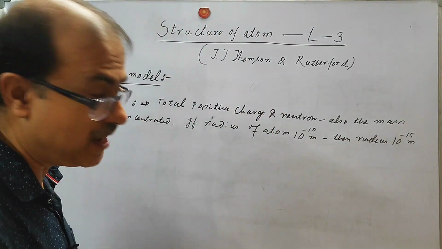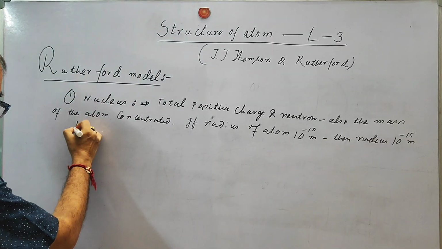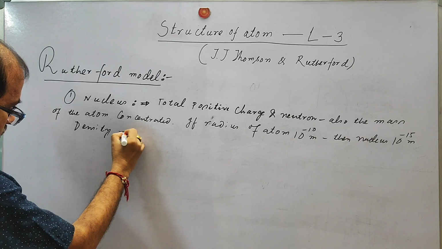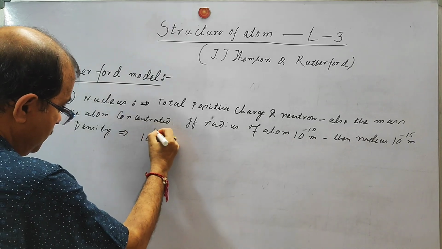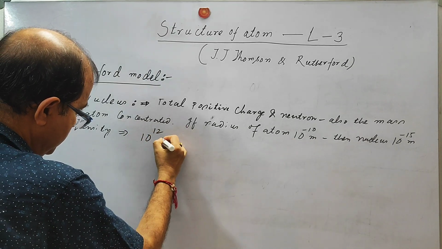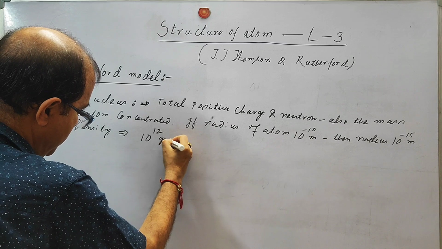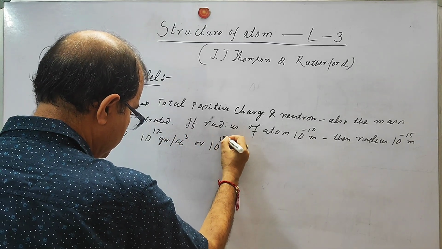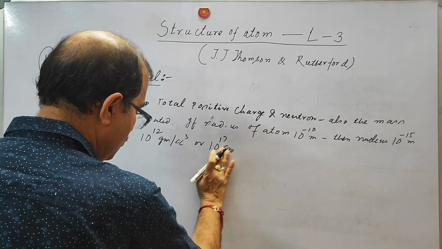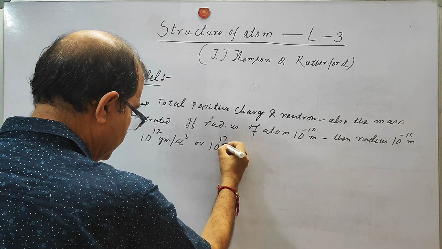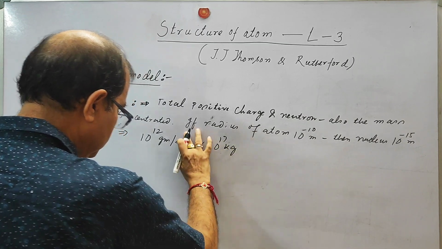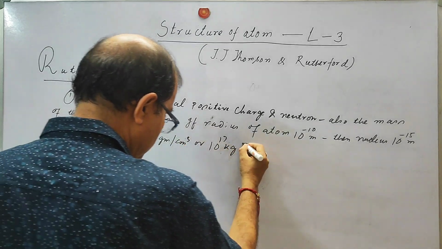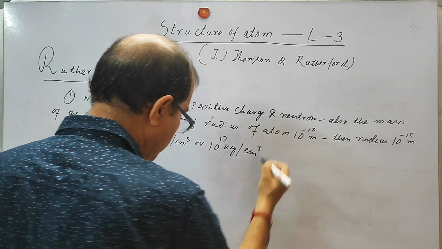And its density, can you imagine, the density of the nucleus is 10 to the power 12 gram per cubic centimeter, or we can say 10 to the power 17 kilogram per cubic centimeter.